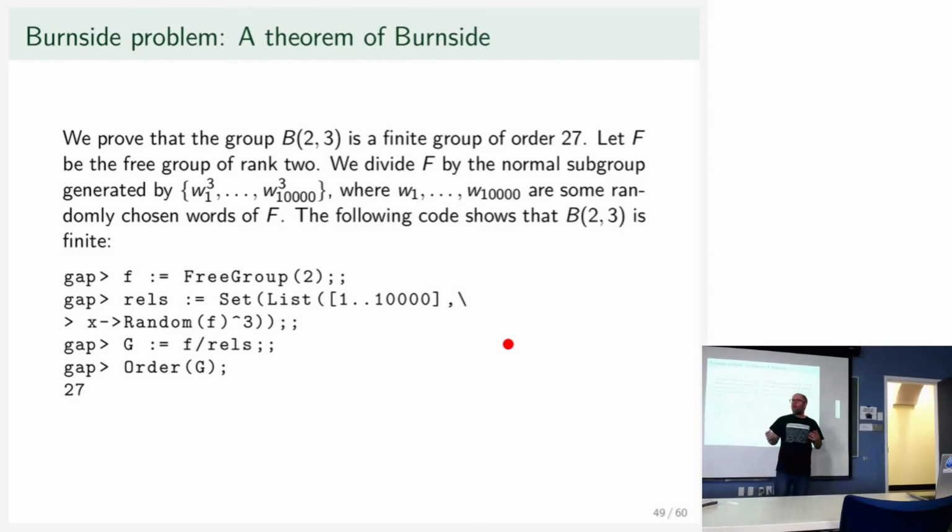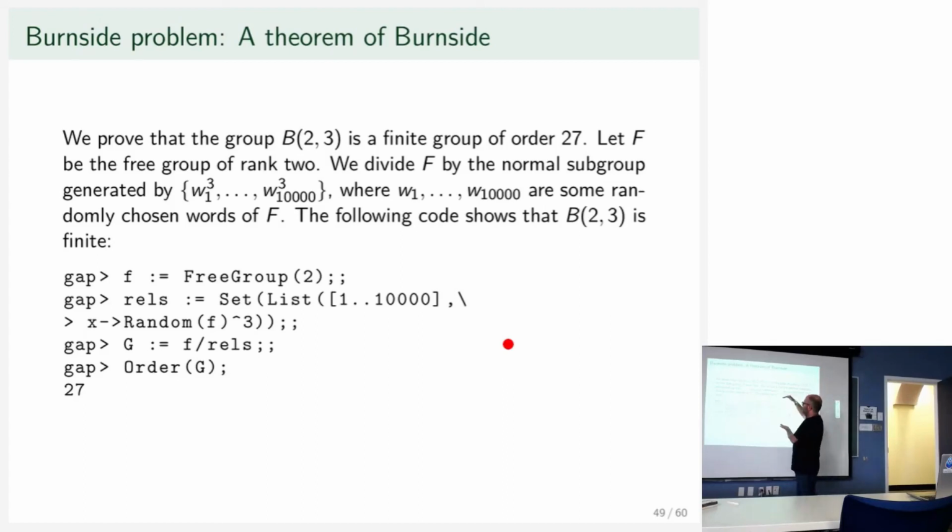So I randomly choose a big number of words, and then I put all these relations, right? Each of these, W1, W2, W3, are some randomly chosen words of F. Okay? And then with this, I can prove that my group is finite. I cannot compute the order with this calculation.